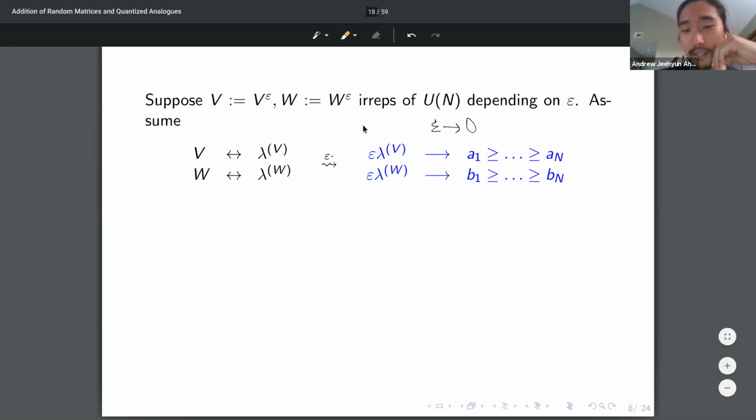So assume that as epsilon tends to 0, these rescaled signatures converge to an n-vector a1, a2, ..., an, where the entries are non-increasing. And similarly, we'll require that epsilon lambda W converges to this n-tuple b1, ..., bn.